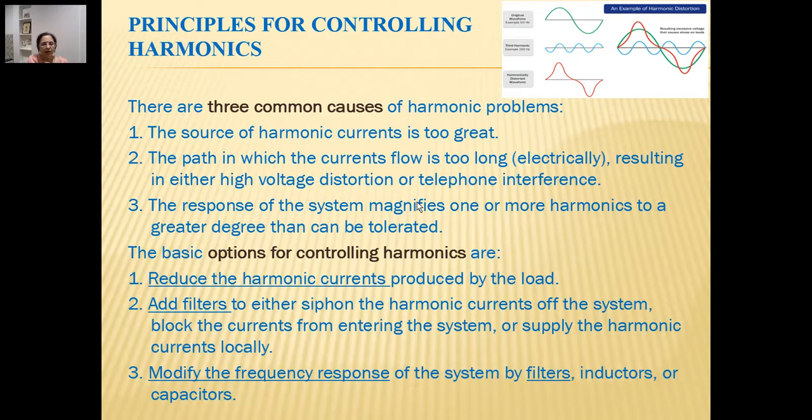And the third cause is that the response of the system magnifies one or more harmonics to a greater degree than can be tolerated. Now this can happen because of a number of sources which are feeding, and if they are getting magnified, a particular harmonic can show an increase.